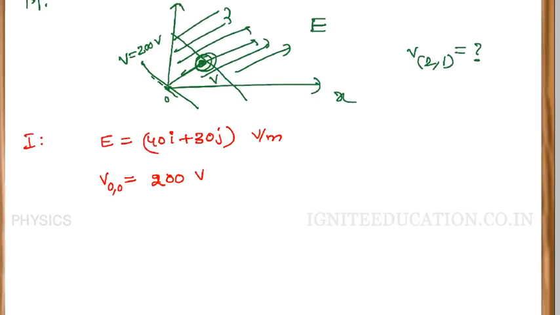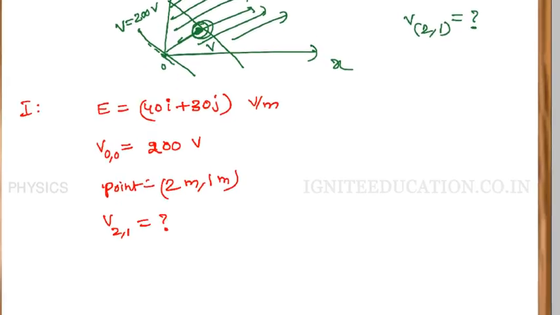The point where we need the potential is 2 meters, 1 meter. So we need to find out V(2,1). If we consider a point like this in the field, we need to find the potential at that point. So that is our motto.